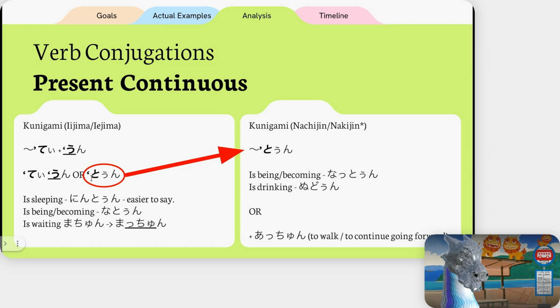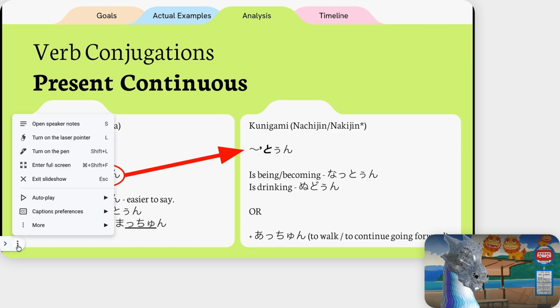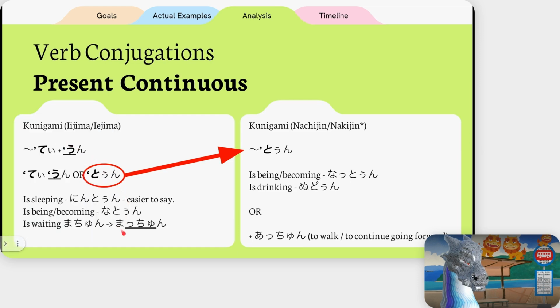I can start with the first apostrophe t, and the apostrophe t is with apostrophe do. The apostrophe do is there because the consonant can change.